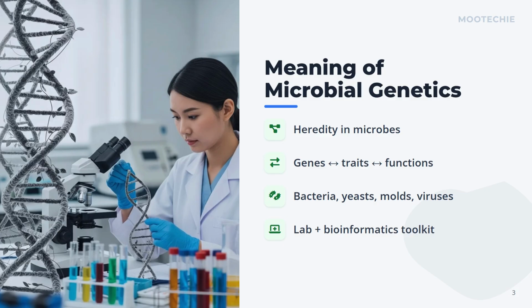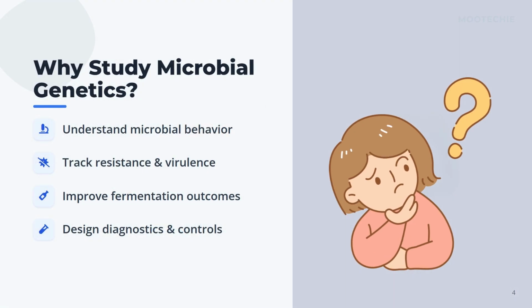Why study microbial genetics? There are several key reasons. To understand microbial behavior, by decoding their genetics, we can predict how microbes will grow, respond to stress, or interact with their environment. To track resistance and virulence. This is crucial for public health, allowing scientists to follow the genes that make pathogens drug-resistant or more infectious.